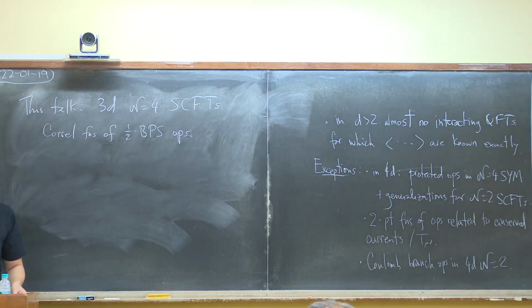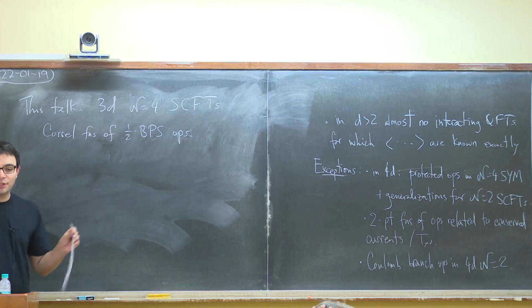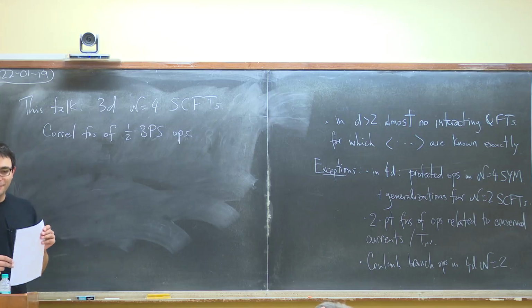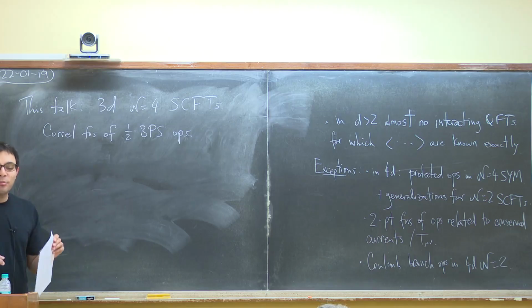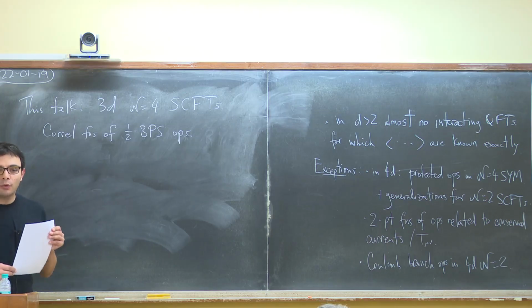The simplest examples of these theories are like bifundamental kind of theories? No, I'll tell you. The simplest example is a free hypermultiplet. An interacting example is a gauge theory. Gauge theory with what? With hypermultiplet matter, any gauge group.